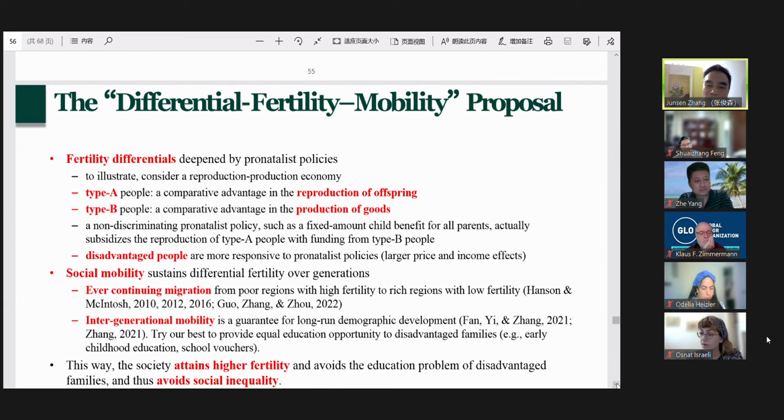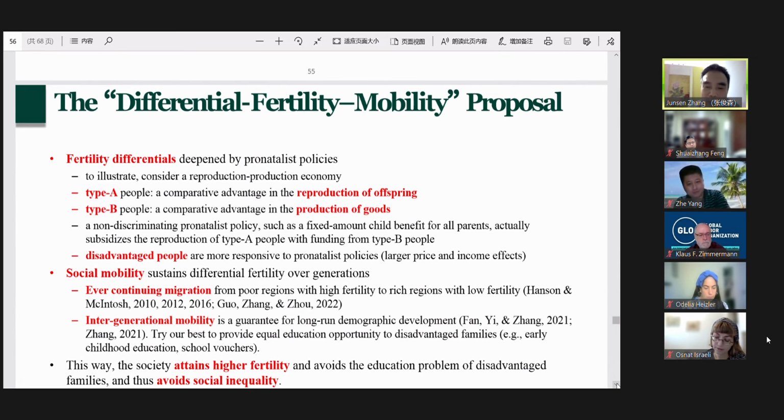Okay, so there are two aspects. One is to give a strong financial incentive to people who may be responding to fertility. And at the same time, we protect those low-income families by providing equal quality education, maybe providing them with a township education voucher or urban education voucher.